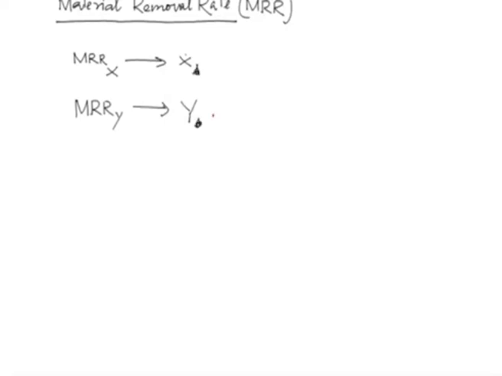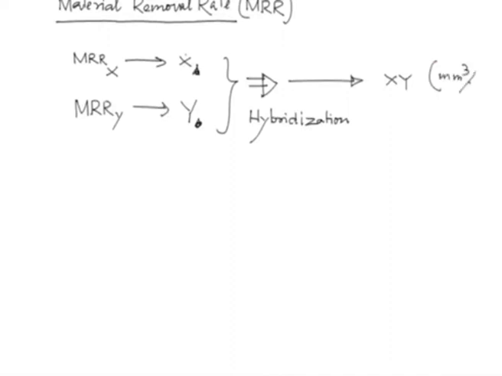Now, their combined effect, as an effect of hybridization, if we combine these two processes to give a single output, then their combined MRR is say XY. This can be in conventional units, whatever mm cube per minute.